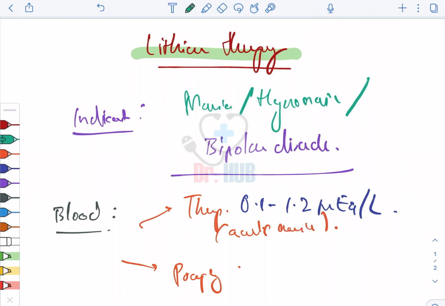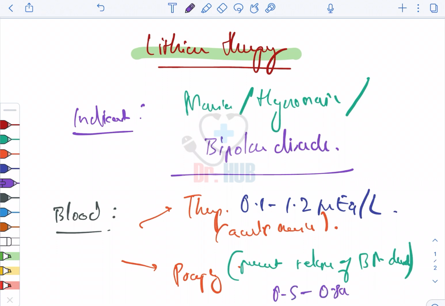Then comes prophylaxis, which is basically to prevent the relapse of bipolar disorder, and this is about 0.5 to 0.8 milliequivalents per liter.